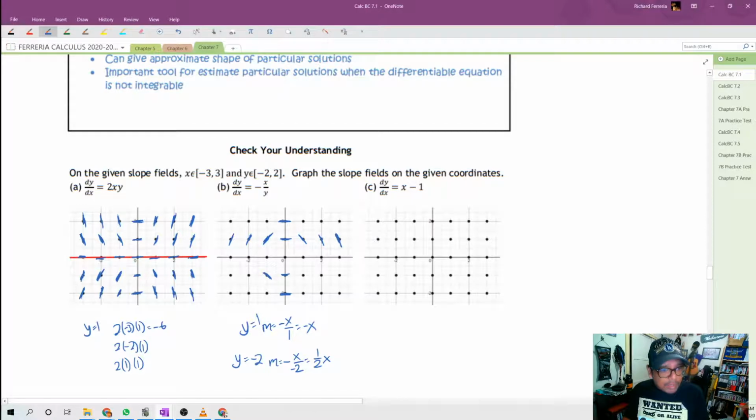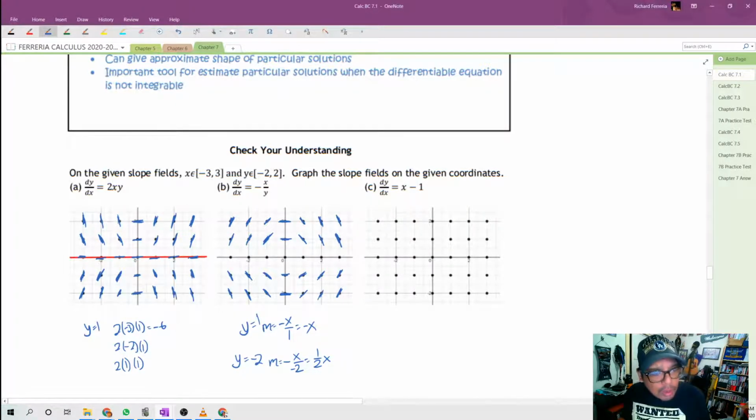Over here, the x-coordinate is -2. So half of -2 is -1. And then -3/2. And so on down the line. Okay, and we'll just continue and do the rest of these.